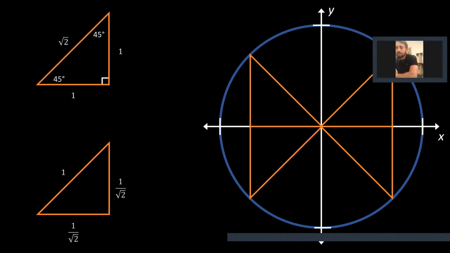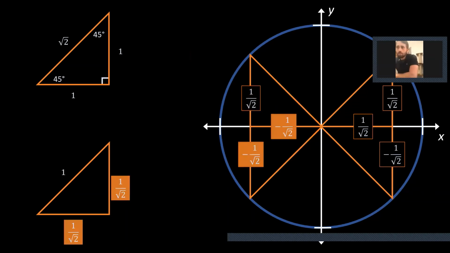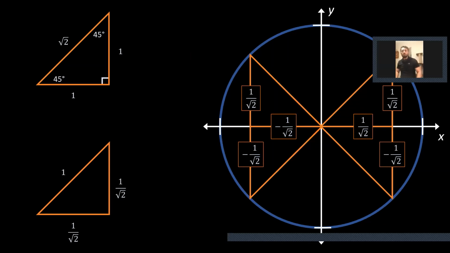If I take those side lengths and put them on the first triangle, I can put them on the second triangle, but the y, in this case, has to be negative. So again, from what we talked about the other day with negative side lengths, I can put them on the other 2. Now, all we've done is we've taken a triangle and we've laid it down. Now, how do we find coordinates from that?